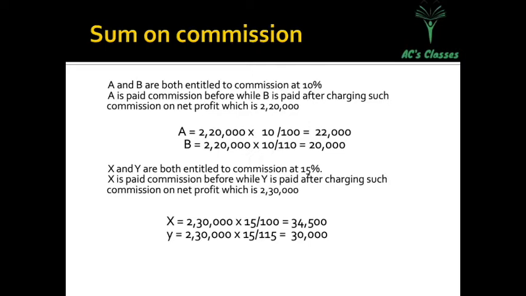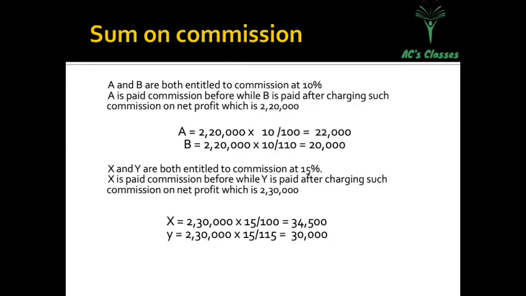When it is after charging such commission, the denominator will be added with the percentage, so B is 2,20,000 into 10 by 110, which gives you 20,000. Therefore, the commission of A is 22,000 and the commission of B is 20,000.